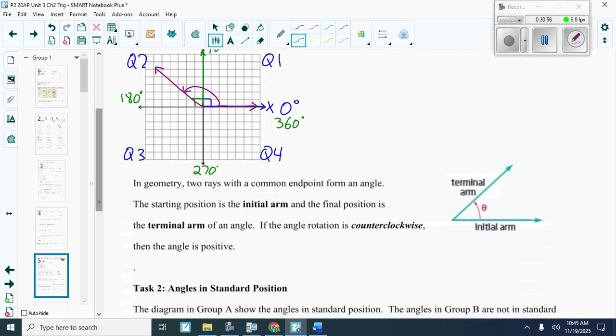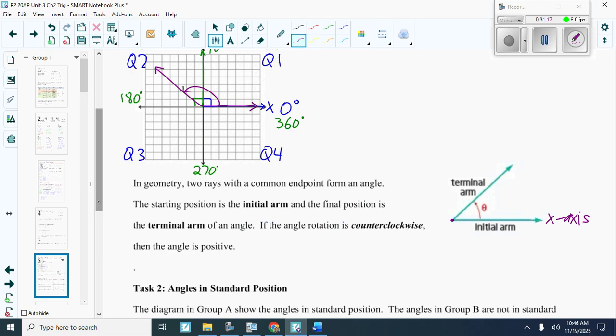So here we go. In geometry, two rays with a common endpoint form an angle. So you know that the arms, those are called your rays. You have an initial arm where we start, and we're always going to start on the x-axis. And then we have a terminal arm.